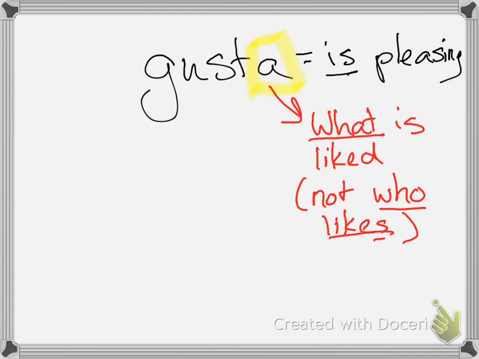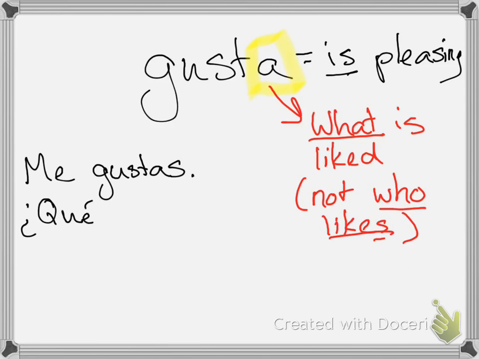So let's take a look at this. When I was in Spain, I met somebody and he said to me, me gustas. And I was sitting there racking my brain. Like, me gustas, me gustas. And then I looked at him and I said, ¿qué te gusta?